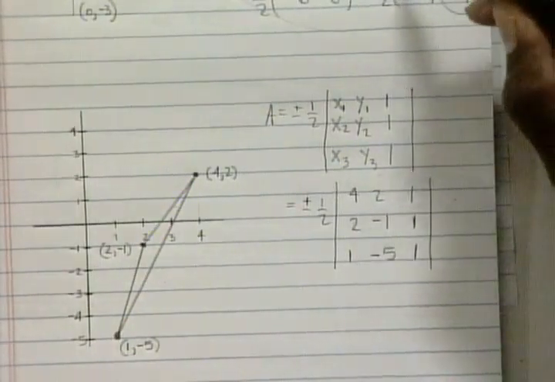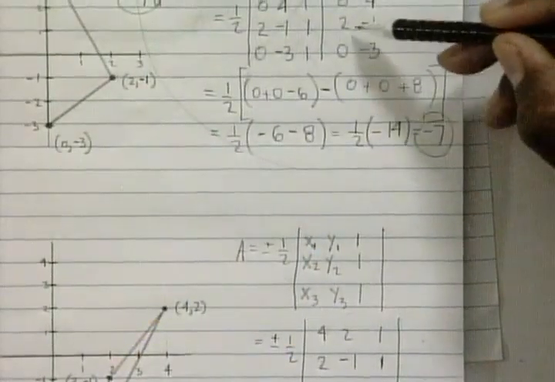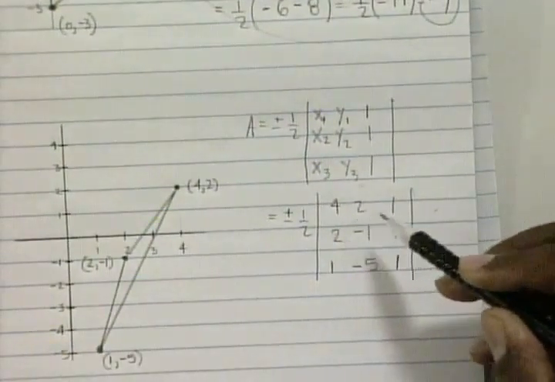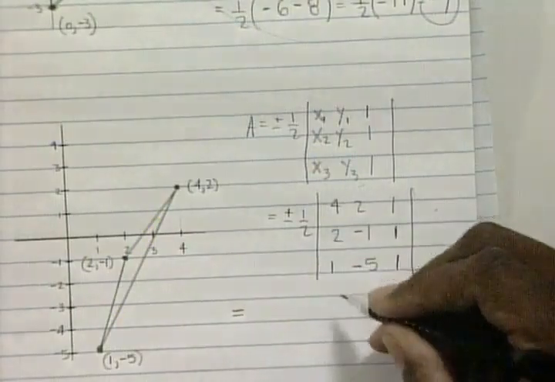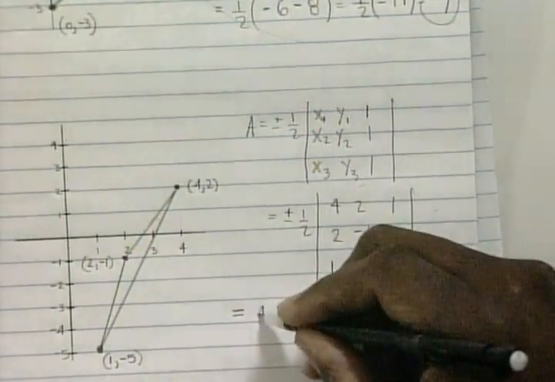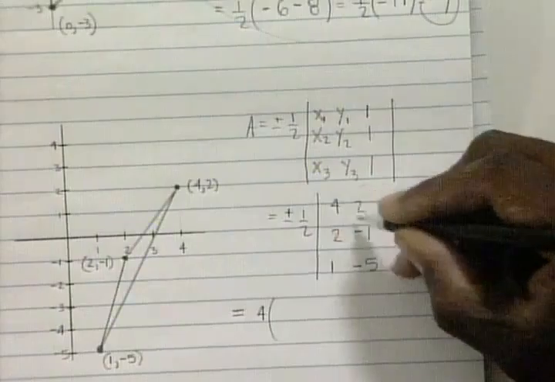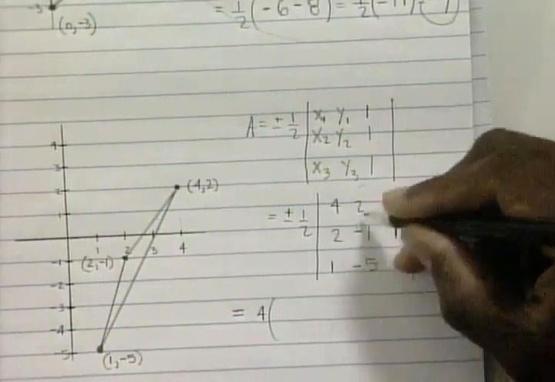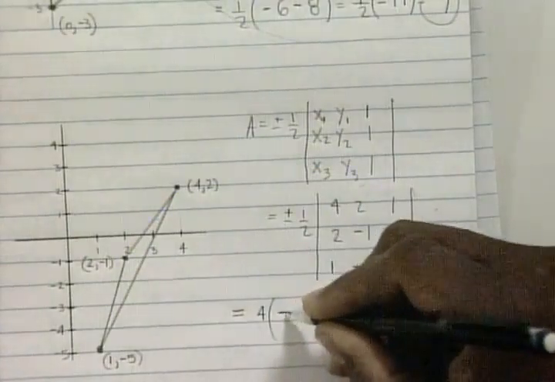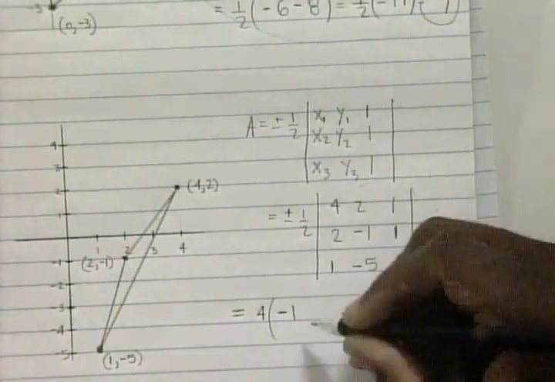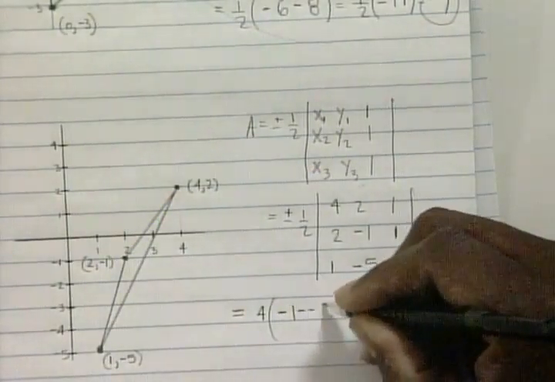Up here, we found the determinant in a certain way. Let's find the determinant in another way. So we have 4, and let's multiply that 4 by the determinant of the submatrix. This product is negative 1 minus a negative 5.